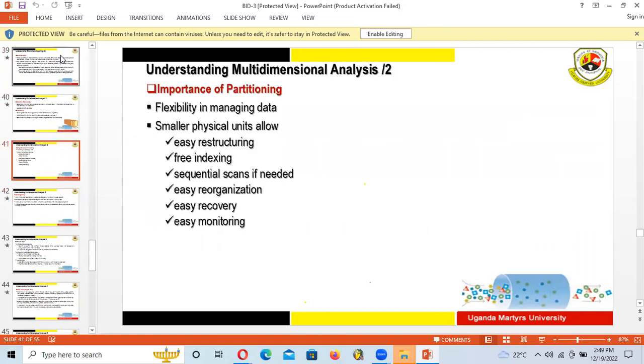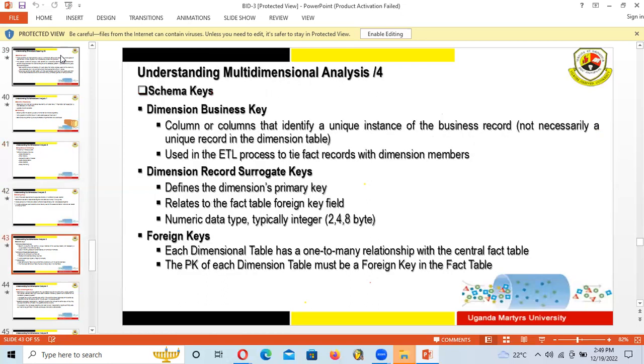The importance of partitioning: we have flexibility in managing data, smaller physical units allow easy restructuring, free indexing, sequential scans if needed, easy reorganizations, easy recovery of data, and easy monitoring.